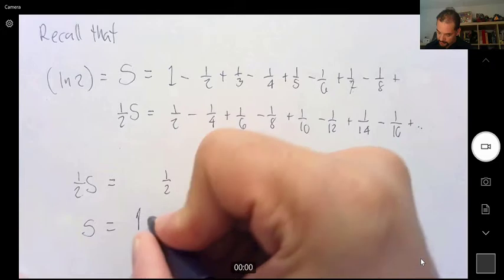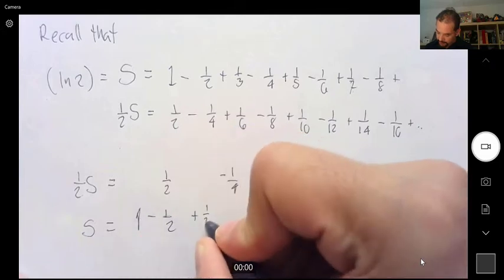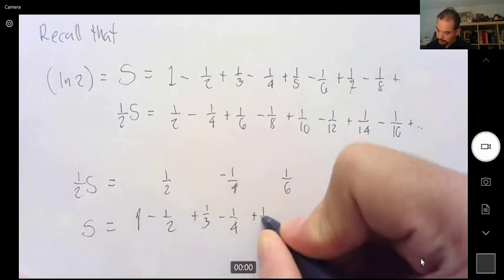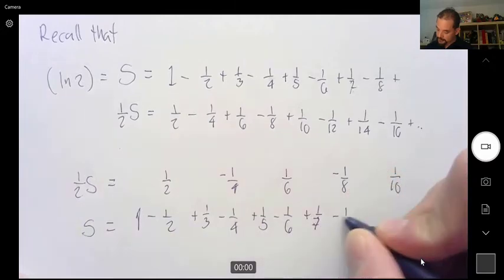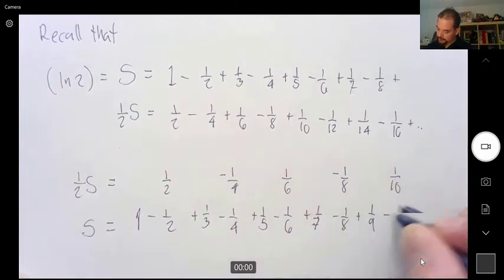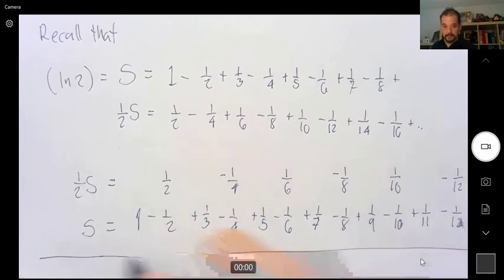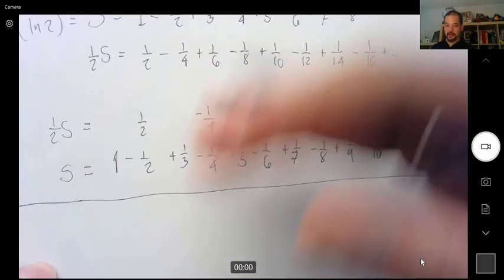So this is 1 minus 1/2 plus 1/3 minus 1/4 plus 1/5 minus 1/6 plus 1/7 minus 1/8 plus 1/9 minus 1/10, etc. Keeps going. And the other one also keeps going, so negative 1/12 is over here. Then add them like this, the way they are.